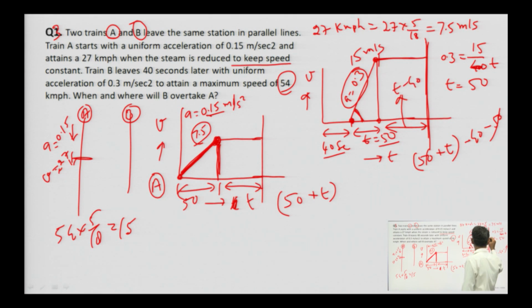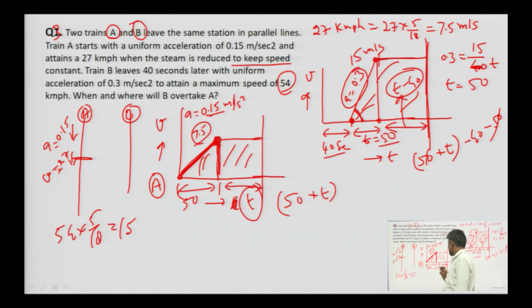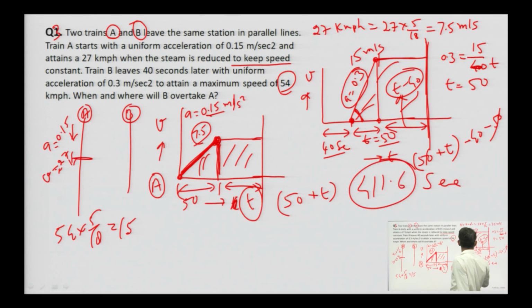Now, what we need to do is equate the area to find the value of t. So, the time will be 50 plus t. You calculate, and the total time here will be 511.6 seconds. This will be the procedure to solve that question.